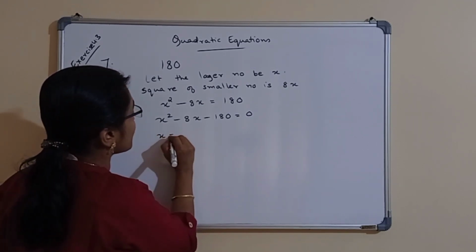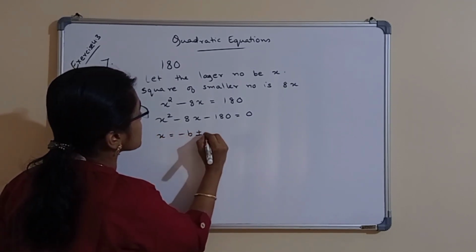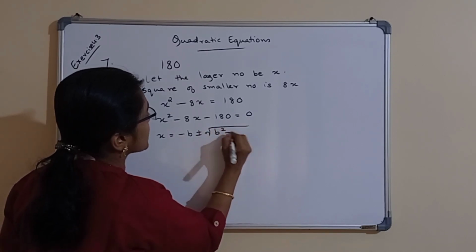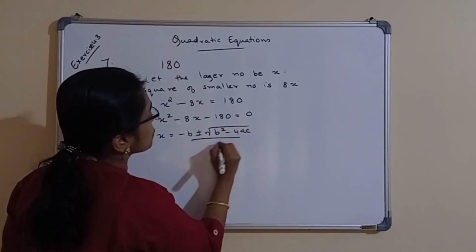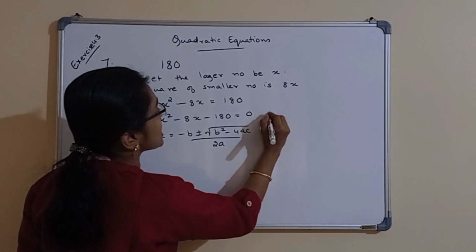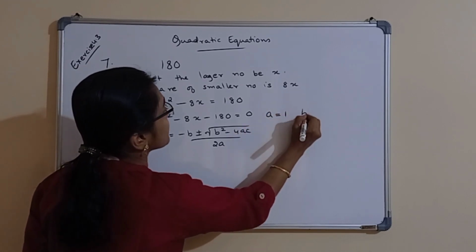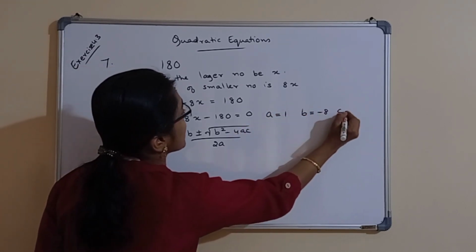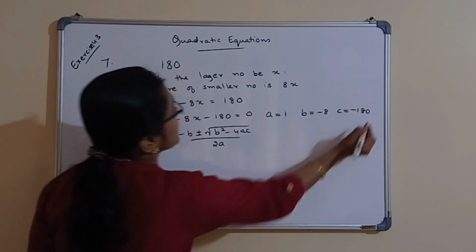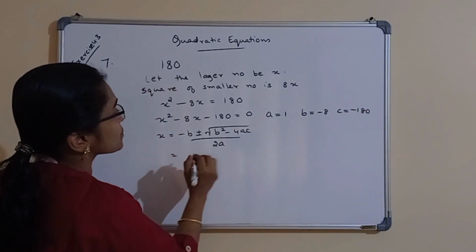x is equal to minus b plus or minus root of b square minus 4ac by 2a. And here what is a? a equal to 1, b equal to minus 8 and c is equal to minus 180. So we can substitute that here.